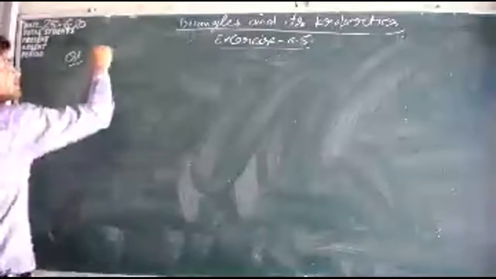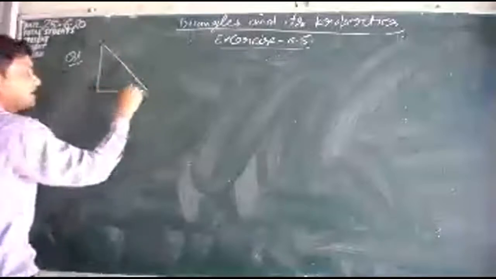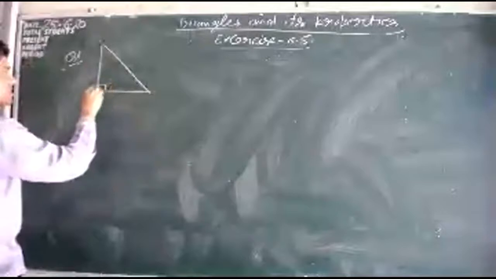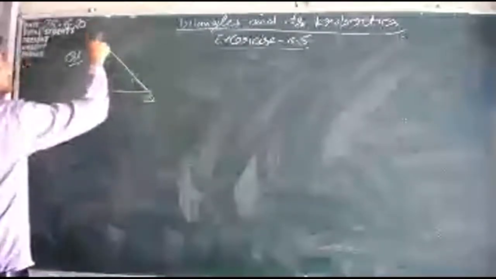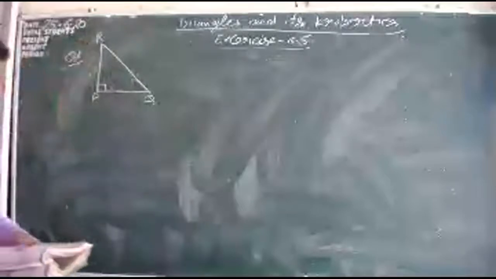Question number 1. PQR is a triangle, right angle triangle, and right angle at P. Right angle जो है वो किस पॉइंट पे, P. ये क्वेश्चन में गिवन है.